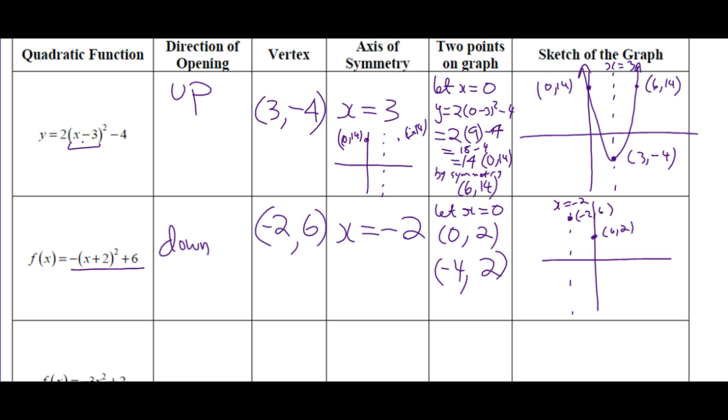We know it does because of the negative, but we know it opens down because we got these 2 points here. There's your vertex. Well, if that's my lowest point, I can't go up to reach this, so it has to be my highest point. And then you go here and you say, it's 2 units, so I got to go 2 units over here. There's -4, 2. So by symmetry, they have to be on that horizontal line. Does that make sense?